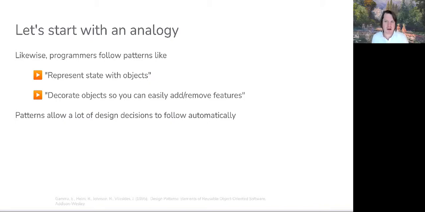We'll probably not talk about decorating objects necessarily in this class. If you're interested in this design pattern, I'd recommend that you look it up and spend a little bit of time tinkering with it. But what we will see by the end of today's lesson is that patterns allow a lot of design decisions to follow automatically. So we might have a problem. What we'll see is that a design pattern is a template of a solution that can be applied to solve a particular problem.